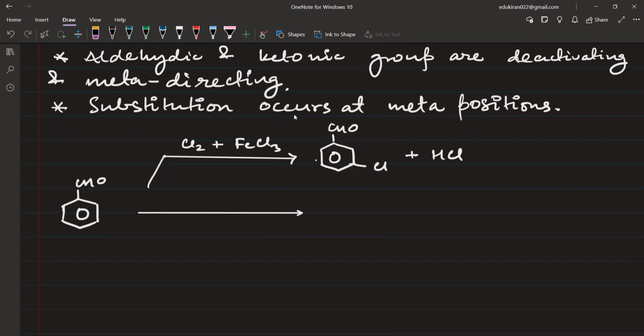What are the reagents for nitration? The reagents for nitration are concentrated HNO3 and concentrated H2SO4. What group are we going to get in the meta position? We are going to get the NO2 group, CHO, NO2 at meta position plus HCl.